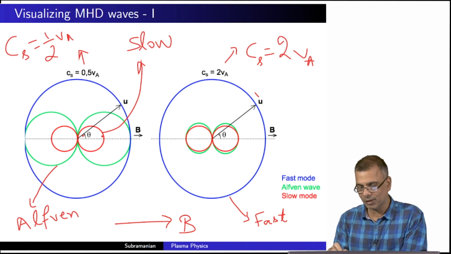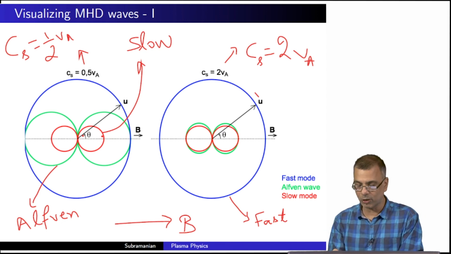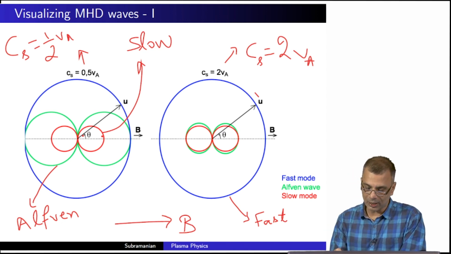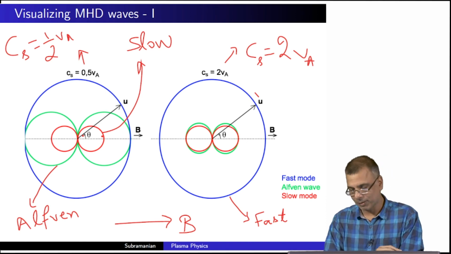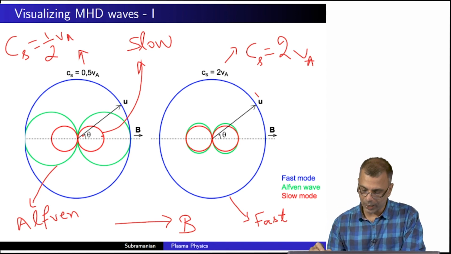The theta dependence is not there at all for the fast mode. Okay, and as far as anisotropy goes, in this case the Alfvén mode and the slow mode preserve the same kind of cosine squared theta dependence, except the speed difference between the Alfvén mode and the slow mode has become much smaller.